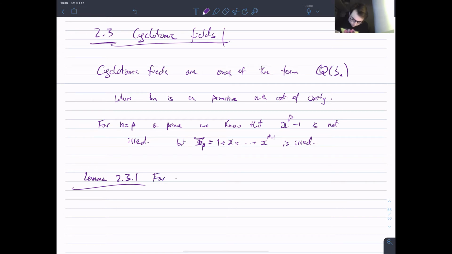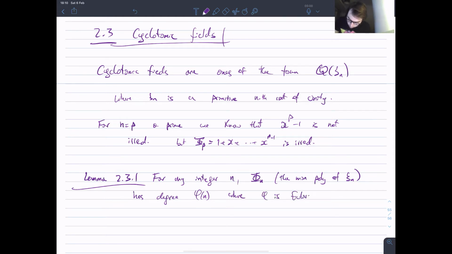It says for any integer n, Phi_n, the minimal polynomial of zeta_n, has degree phi(n), where phi is Euler's totient function.